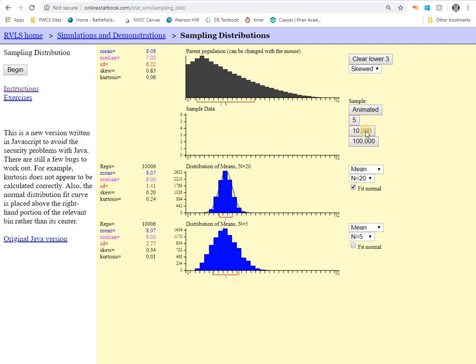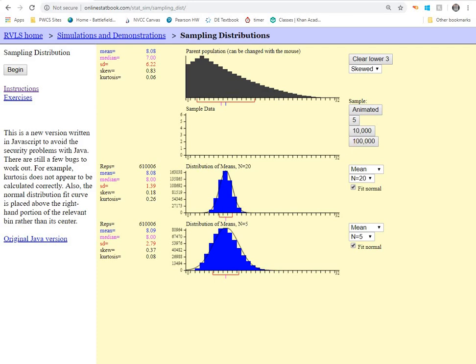When I go up to 10,000, the sample of 20 is definitely more normal than the sample of 5. When I start getting bigger and bigger, they start fitting a little bit better. Do you understand what I'm talking about here?